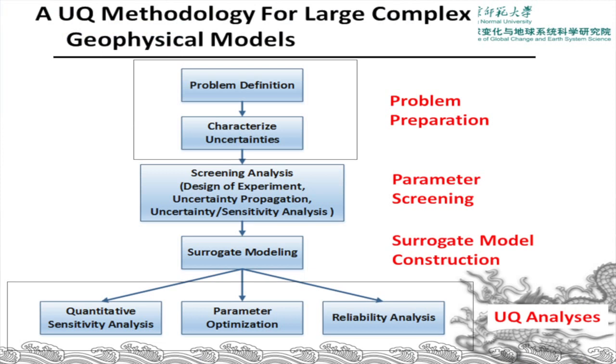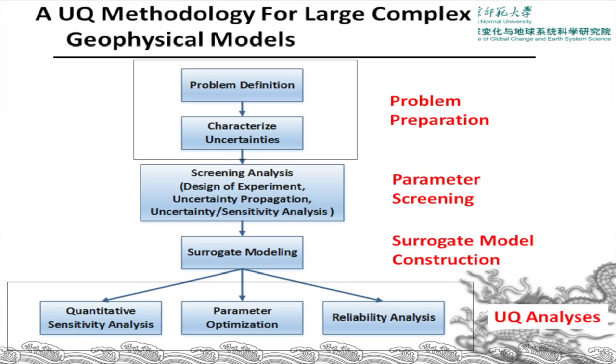Here, I want to present a way we can address the uncertainty. Basically, you first want to define the problem. You want to choose the right model to help you understand the process. And so you have to characterize the a priori uncertainty, and the next thing you do is a screening.